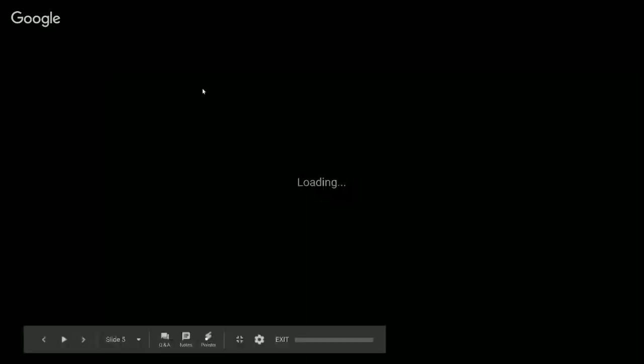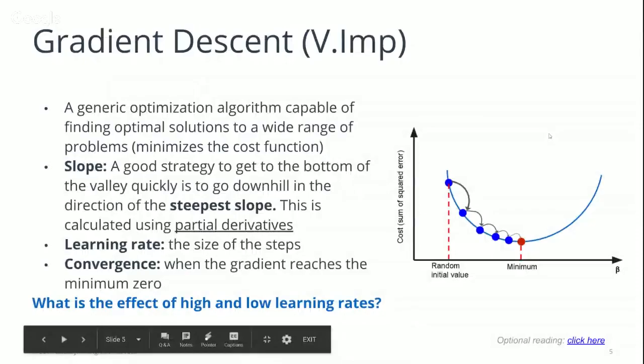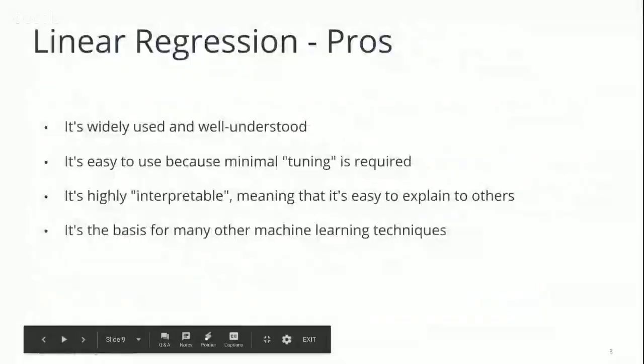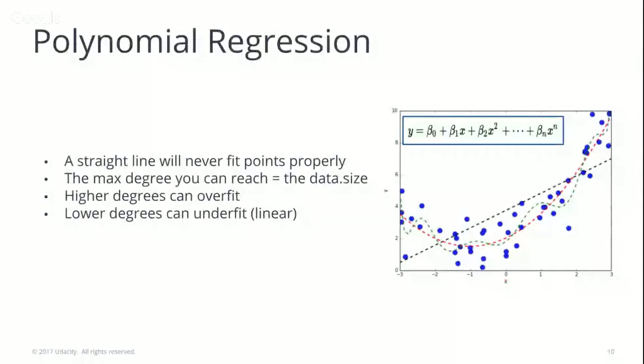But when you start coming across more complex problems, such as polynomial regression, where you have more complex lines that are trying to fit the data, it's no longer just y equals beta 0 plus beta 1 times x.